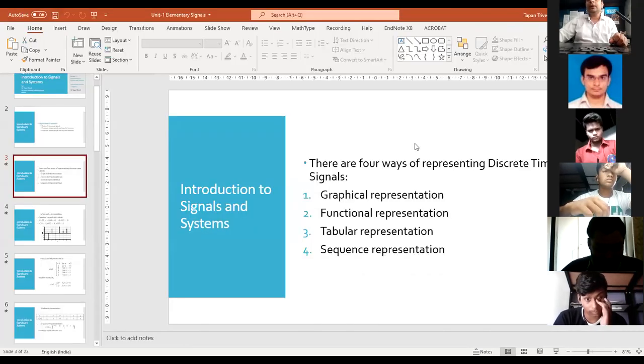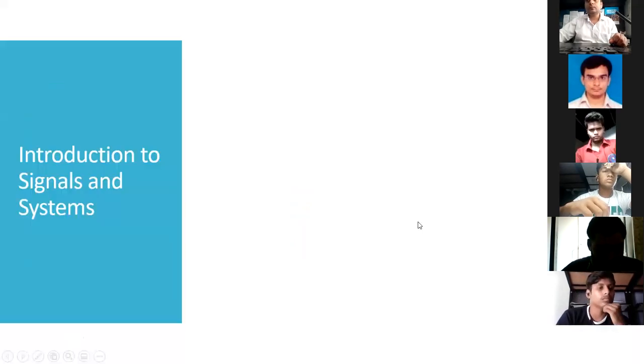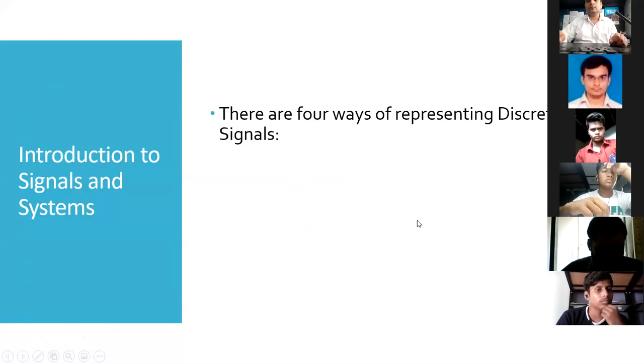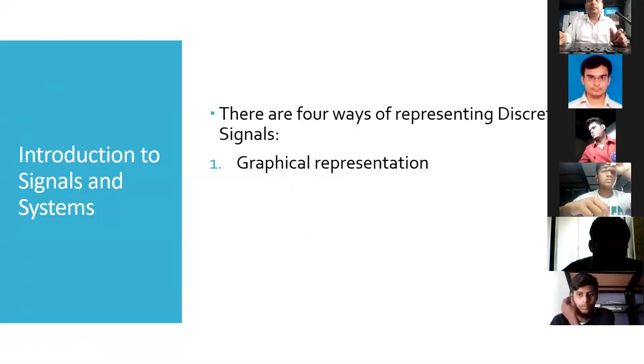So first of all, let us understand how you can represent a signal. Fine. There is a graphical representation which we will always follow, right?